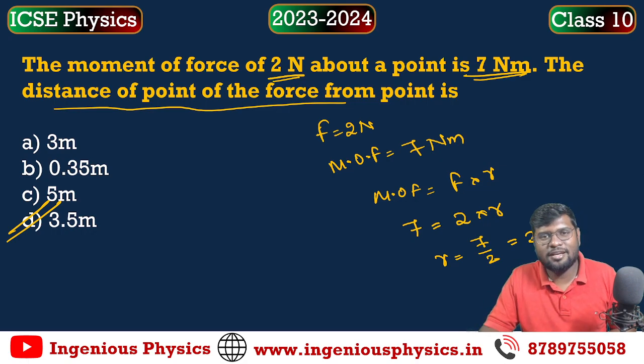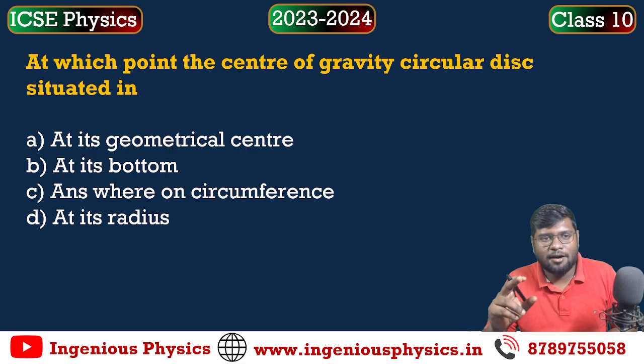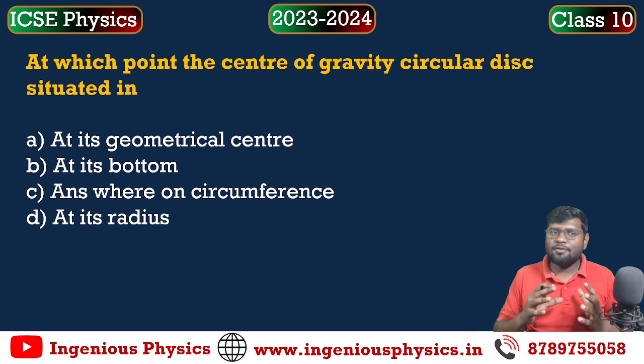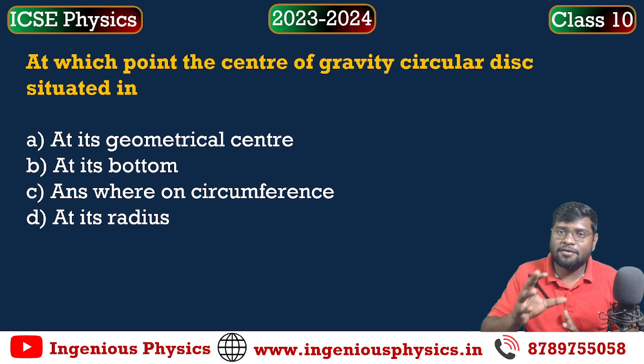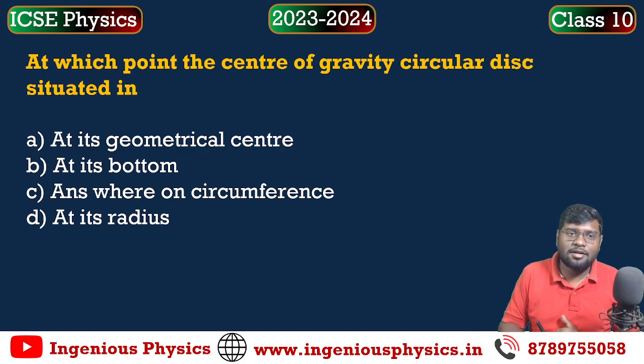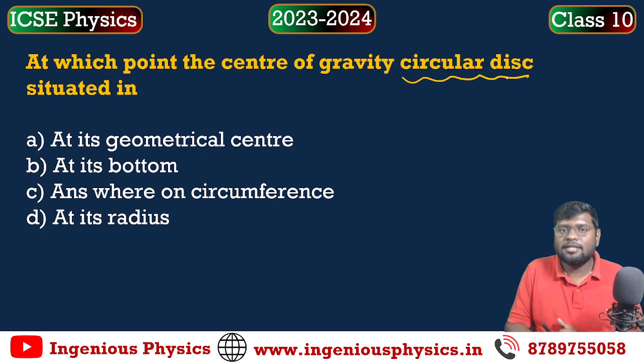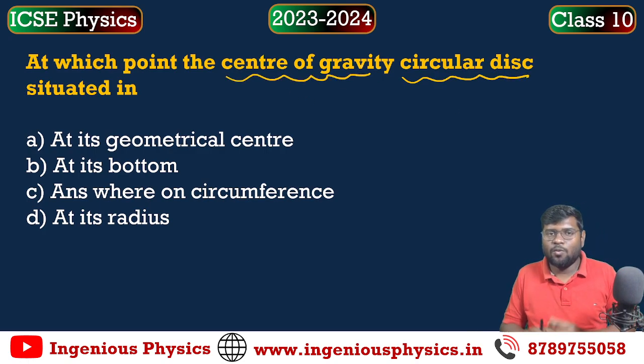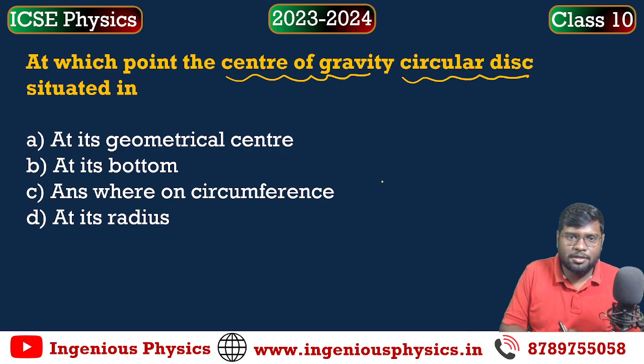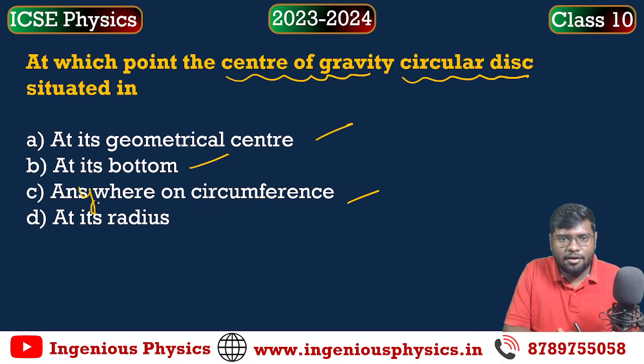Let us move to the next multiple choice question, right? At which point is the center of gravity of a circular disc situated? Means if I take a circular disc, where will the center of gravity exist? At a geometrical center, at its bottom, anywhere on circumference, at its radius?